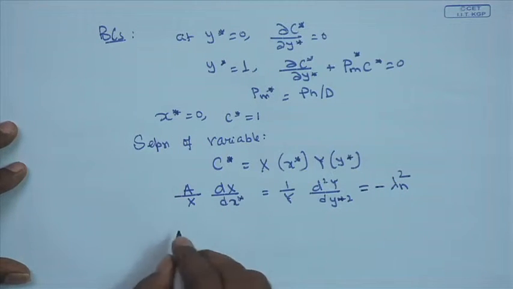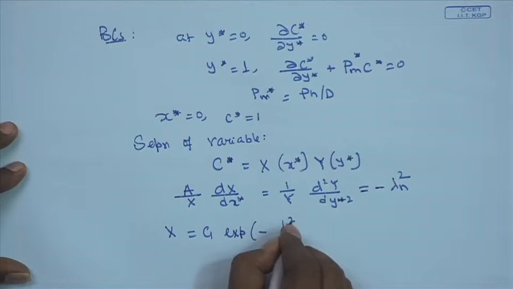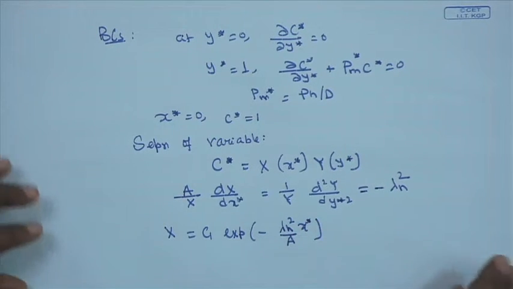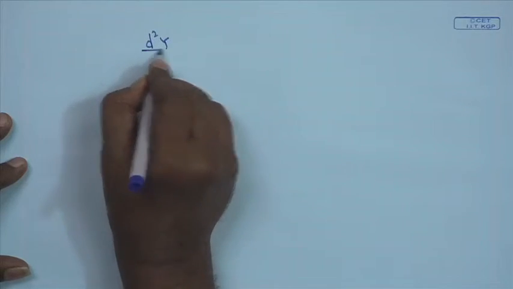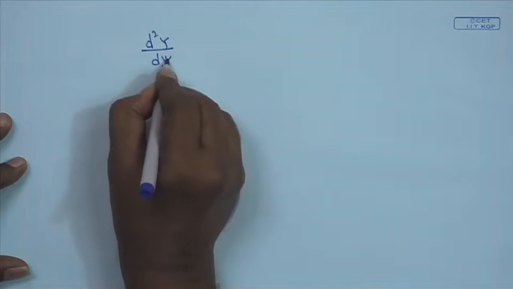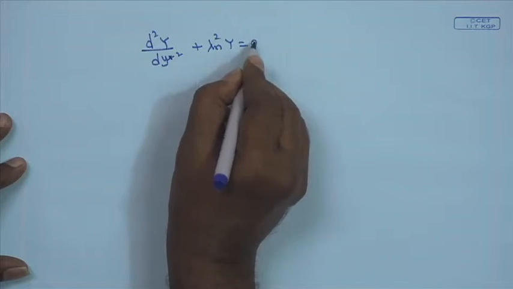minus lambda n square. So the solution is X is equal to C1 exponential minus lambda n square x star by A, and the y varying part is d square Y dy star square plus lambda n square Y is equal to 0.